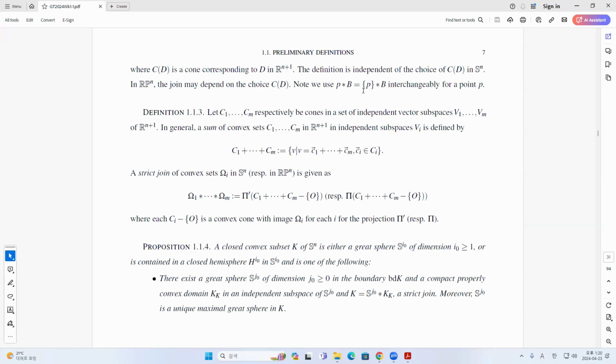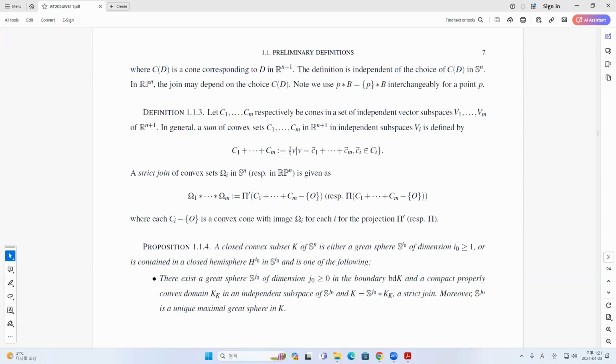And we can also use this notation for a point. So P could be just a point. Then you might need to use a different notation here. So if you have a set of cones in independent vector spaces, then the sum of convex sets in Rn plus 1 in independent spaces is defined to be just the sum of all these vectors.